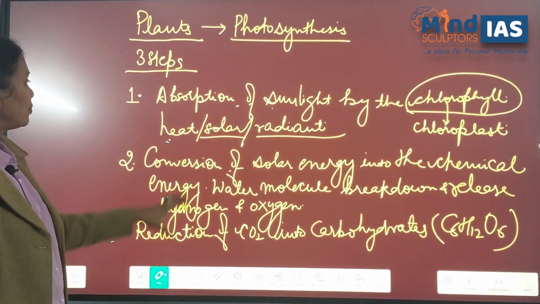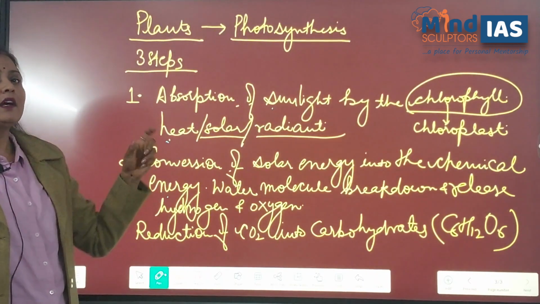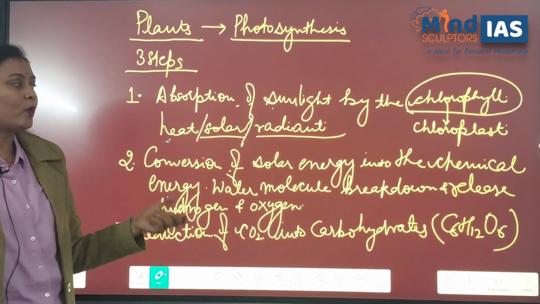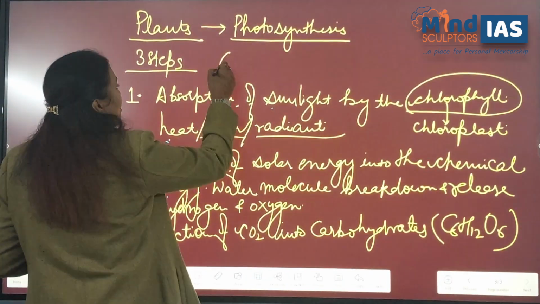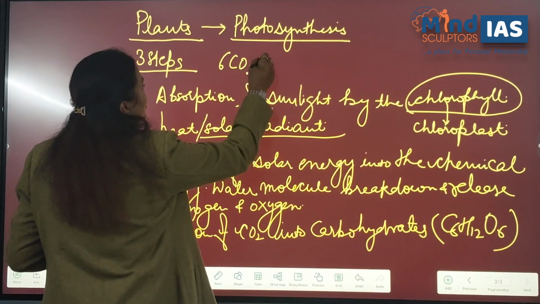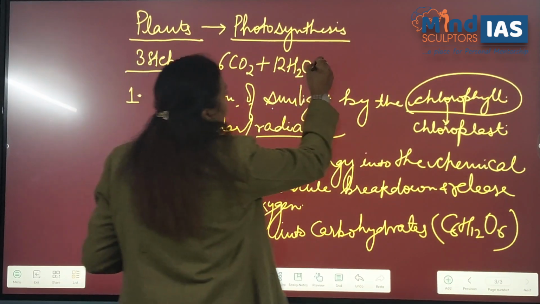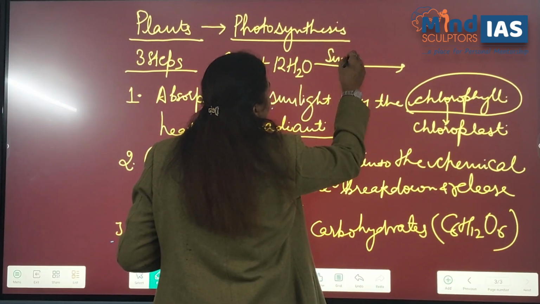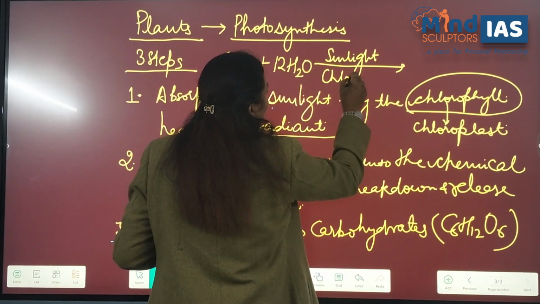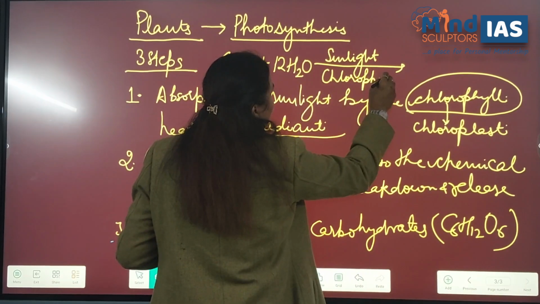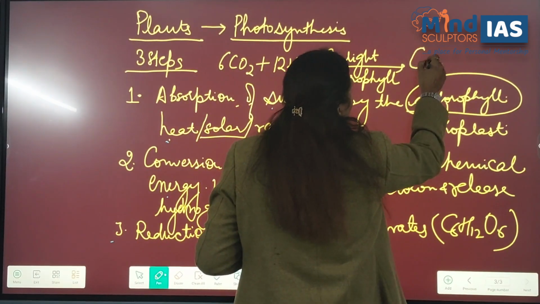Now this is in the theory form. If somebody asks what is the chemical equation for the process of photosynthesis? So 6 CO2 plus 12 H2O, in the presence of sunlight and chlorophyll. These are the two most important things for photosynthesis. Then what will form?